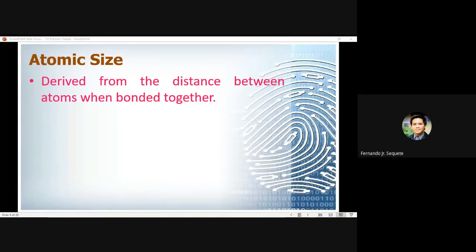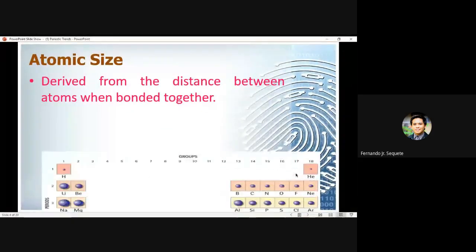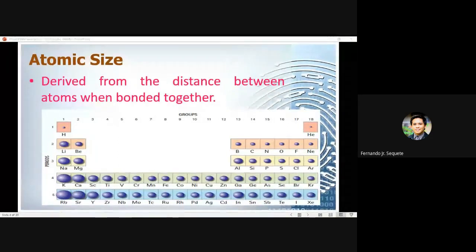Again, it is derived from the distance between atoms when bonded together. According to periodicity, this is the behavior, so what is the trend when it comes to atomic size?